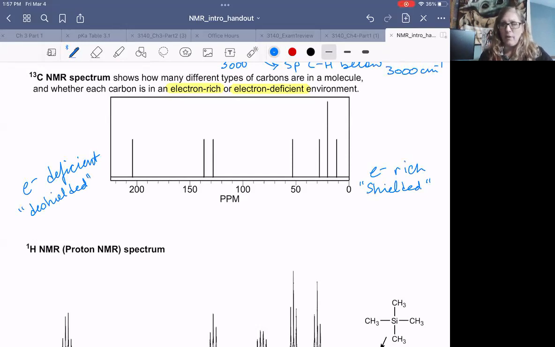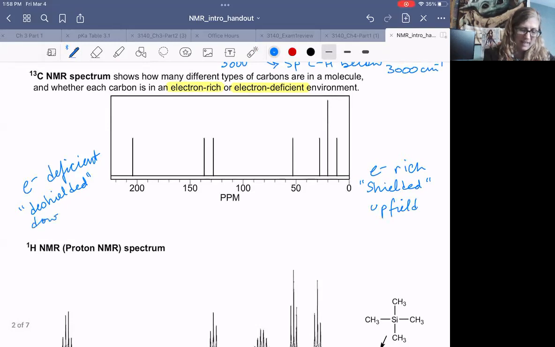Now, there are other terms to describe this region of the spectrum. When it goes further to the right, these are described as more upfield signals. When it goes more to the left, this is described as the downfield region of the spectrum, which of course is totally counterintuitive, because as you're going upfield, your numbers are going down, your parts per million are going down. So that always frustrated me as a student.